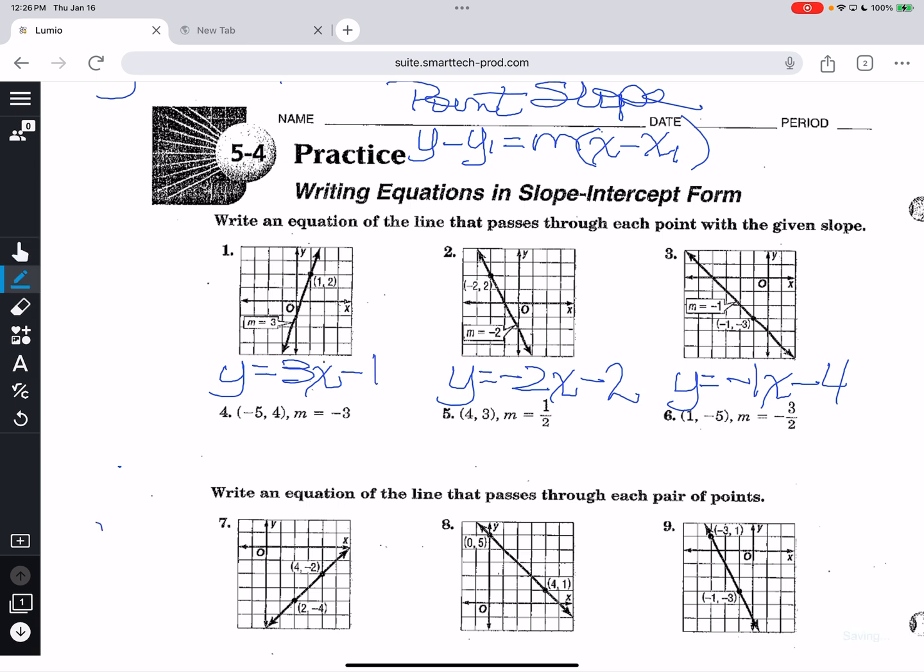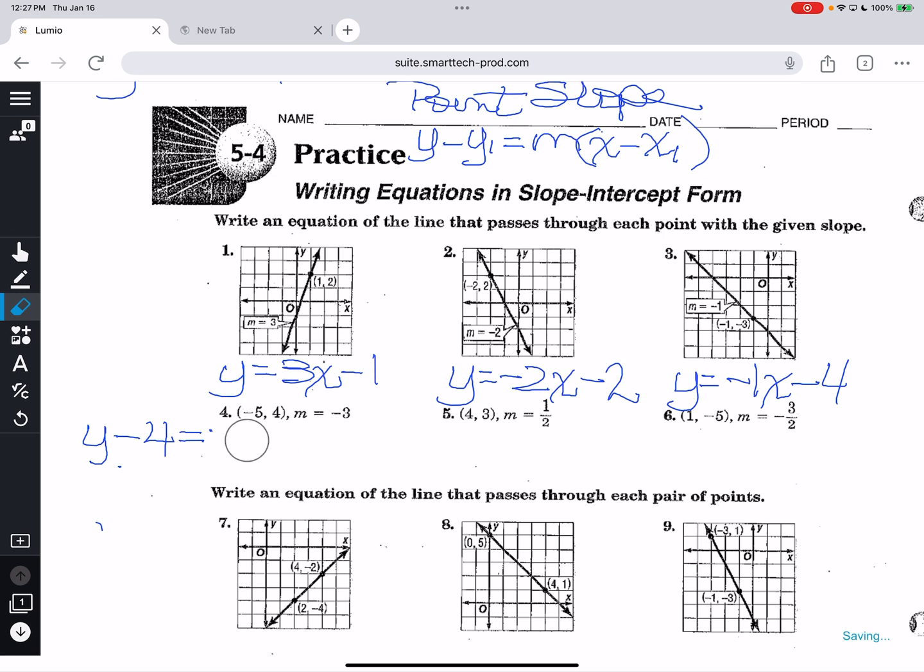So our first one, we're going to have y, and then what is the y component for the ordered pair? Negative 5, 4. What is the y part of the ordered pair? 4. Y minus 4 equals m. Oh, I'm sorry, let me back up.